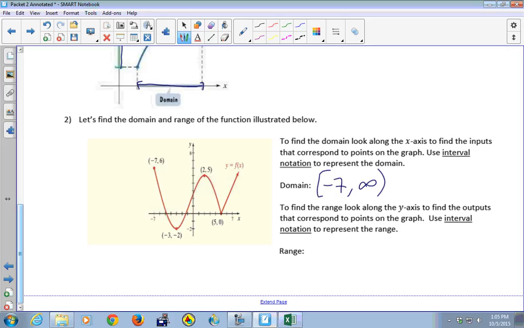So it's -2. And then what's the largest y value on this graph? Infinity, because again, over here we've got this arrow, so the y values are going to keep going up forever. So you have -2 to infinity. Should I include the -2? Yes, because there's a closed circle there.